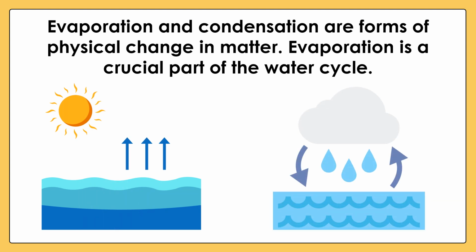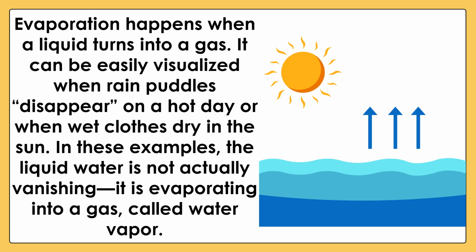Evaporation and condensation are forms of physical change in matter. Evaporation is a crucial part of the water cycle. Evaporation happens when a liquid turns into a gas. It can be easily visualized when rain puddles disappear on a hot day, or when wet clothes dry in the sun.